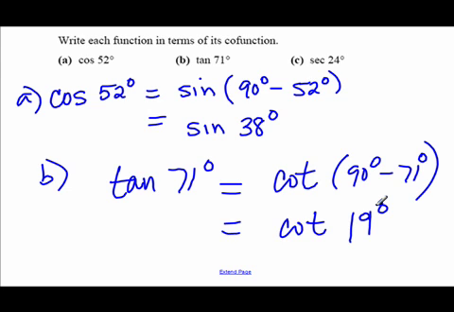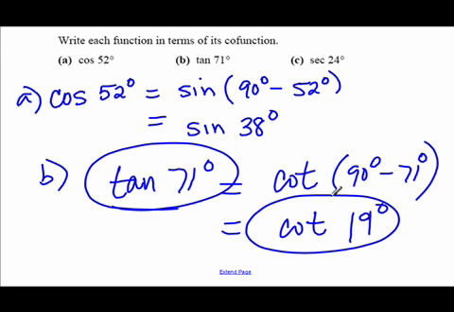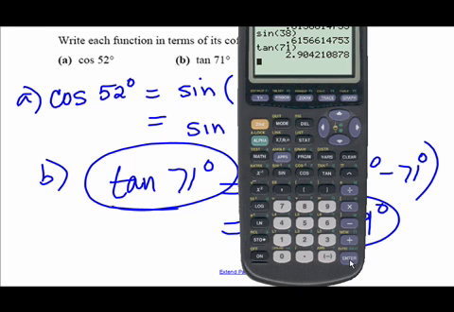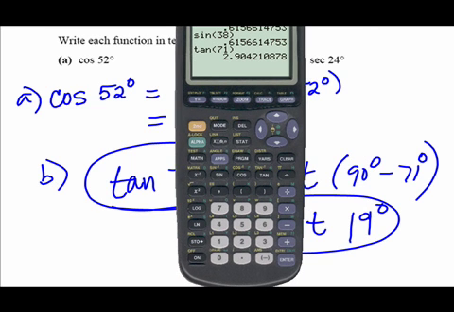Now, if you're asking me, how would I check that on my calculator? Because I have a tangent button, but I don't have a cotangent button. The tangent of 71 gives me 2.9, etc. How could I somehow come up with cotangent of 19?